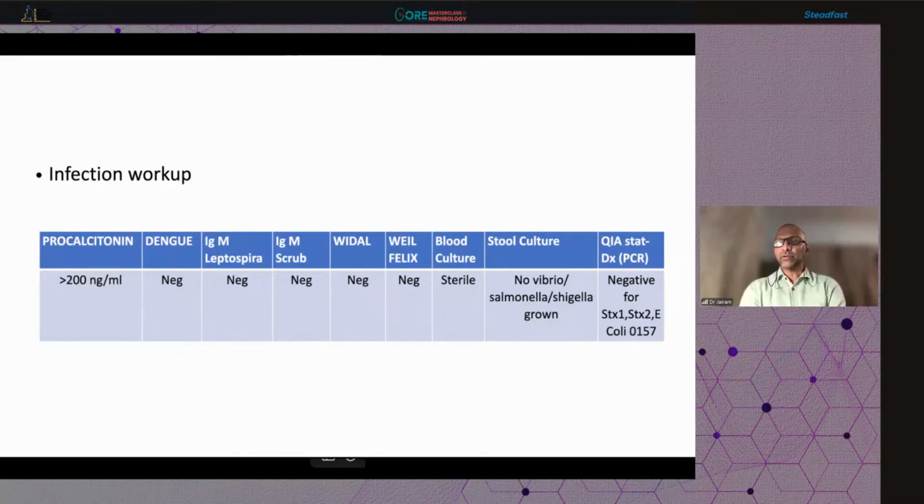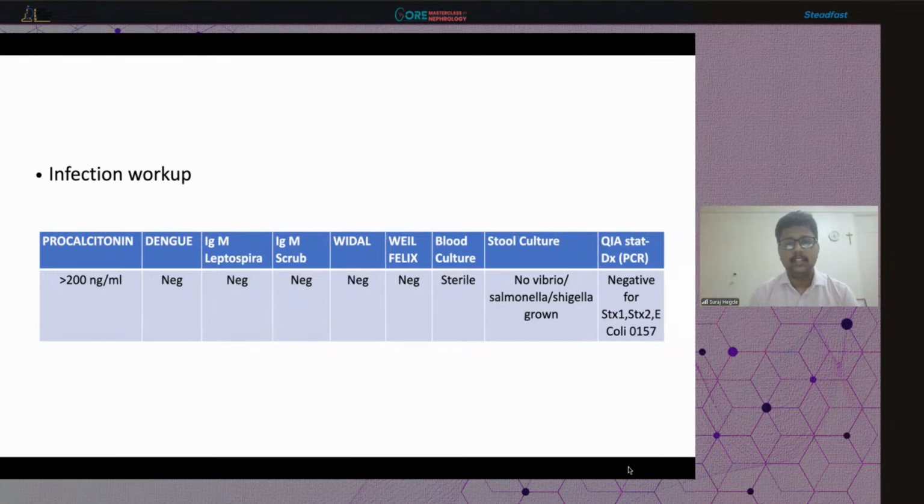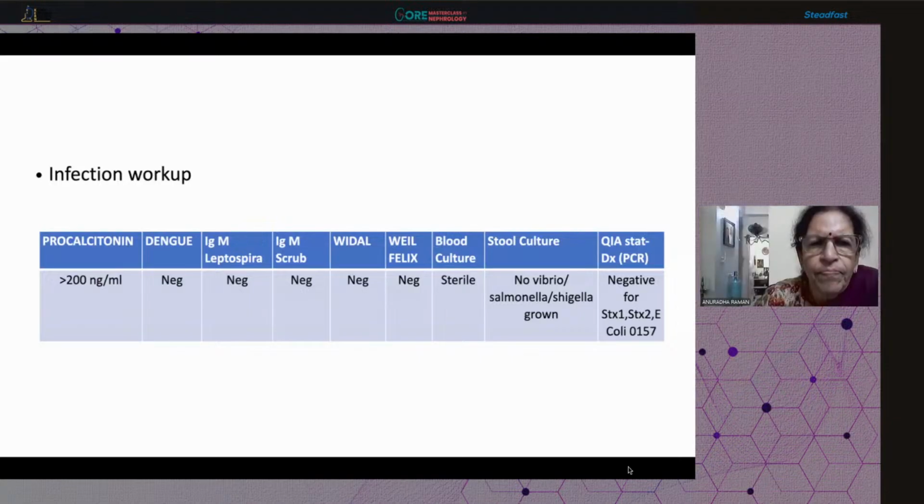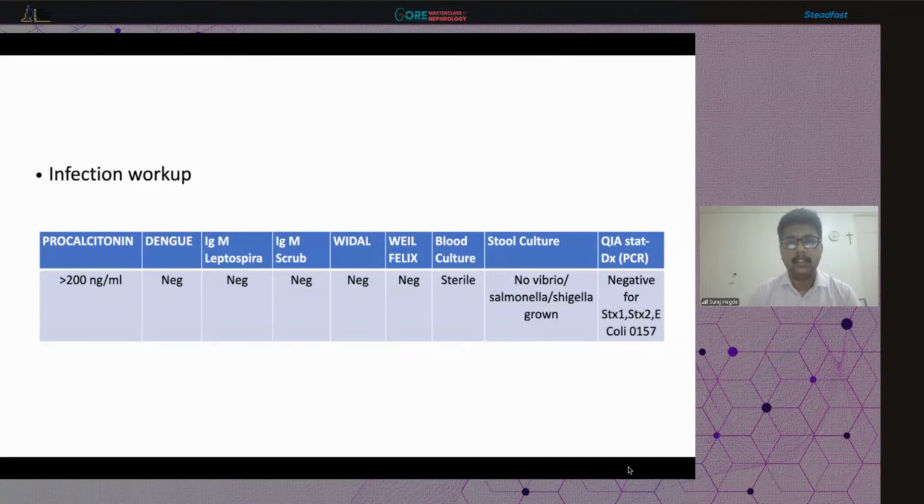So based on whatever infection workup you have done, what do you think is the cause of this entire patient's presentation and renal syndrome here? So in this patient, microangiopathic hemolytic anemia has to be considered, sir, since there is significant evidence of hemolysis with the presence of schistocytes in the peripheral smear.